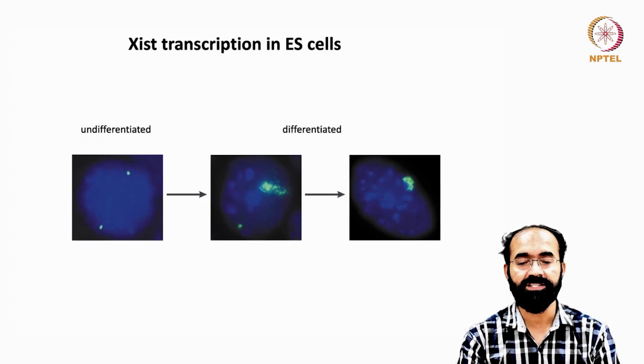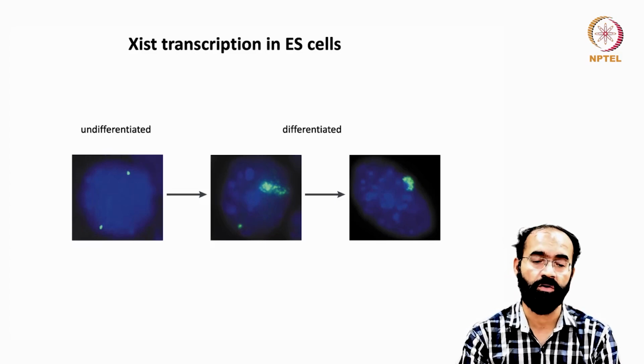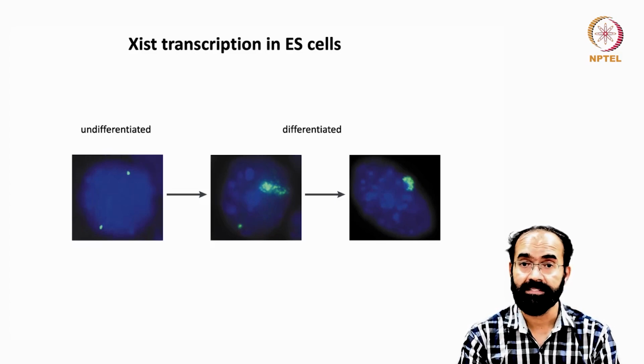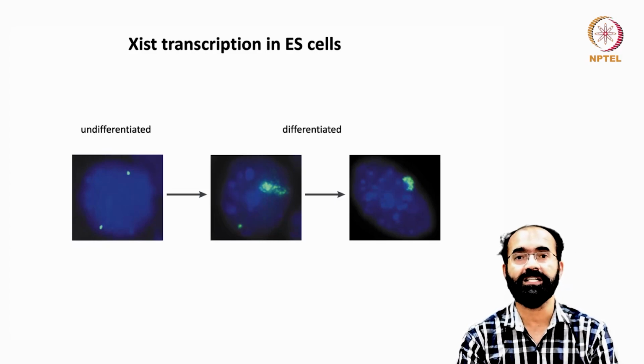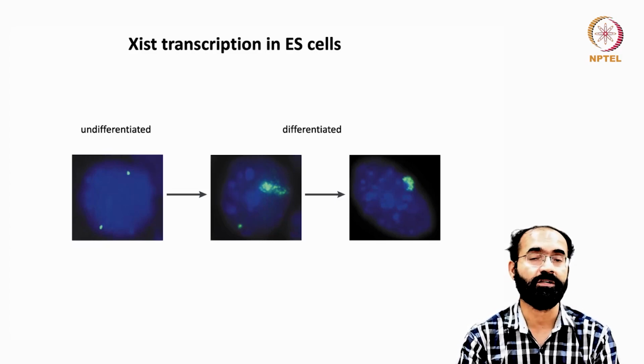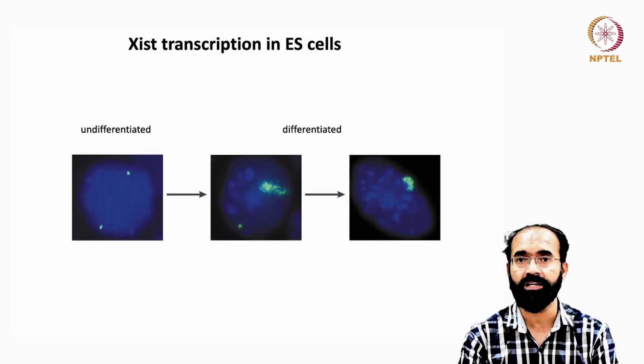As the differentiation continues, you will see this disappearing completely because you don't have even the tiniest expression of Xist, and the high level of expression continues, because even the tiniest level of Xist expressed will cause inactivation. Even if it is not complete, it can cause partial inactivation, so you don't want that to happen.